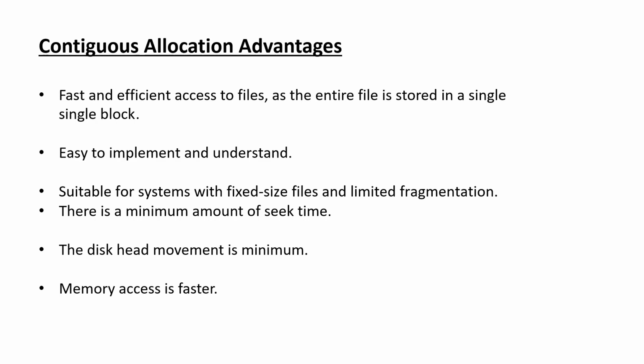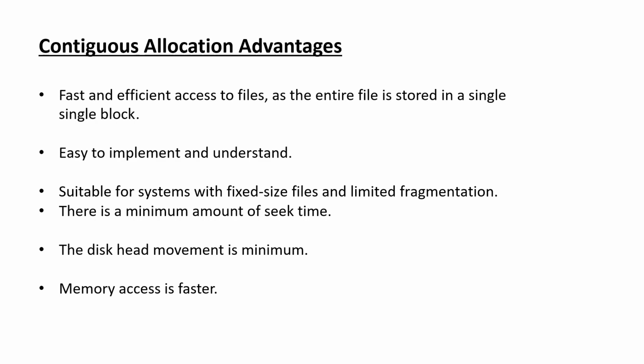The next one is easy to implement and understand, and sequential access. Contiguous allocation is well suited for applications that require sequential access to data, such as video or audio streaming. The sequential nature of data makes it easier to read and write data continuously.